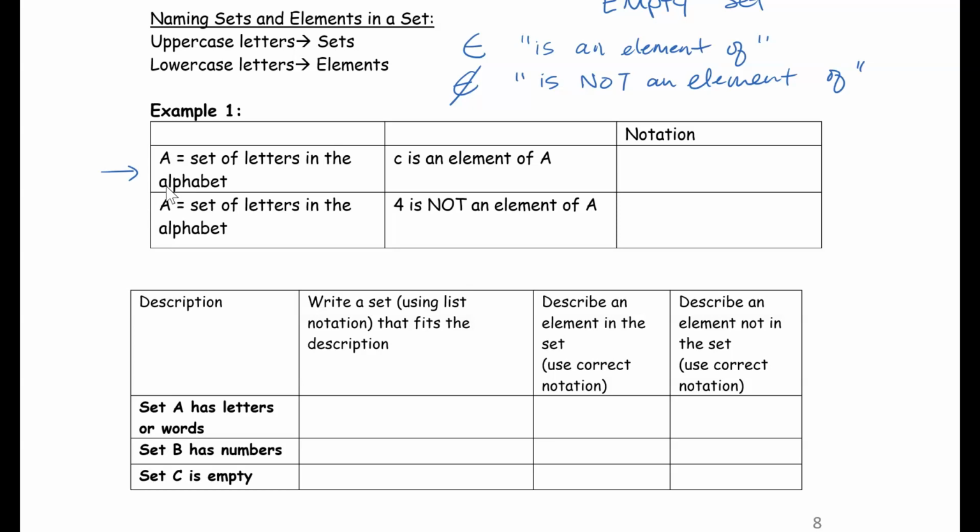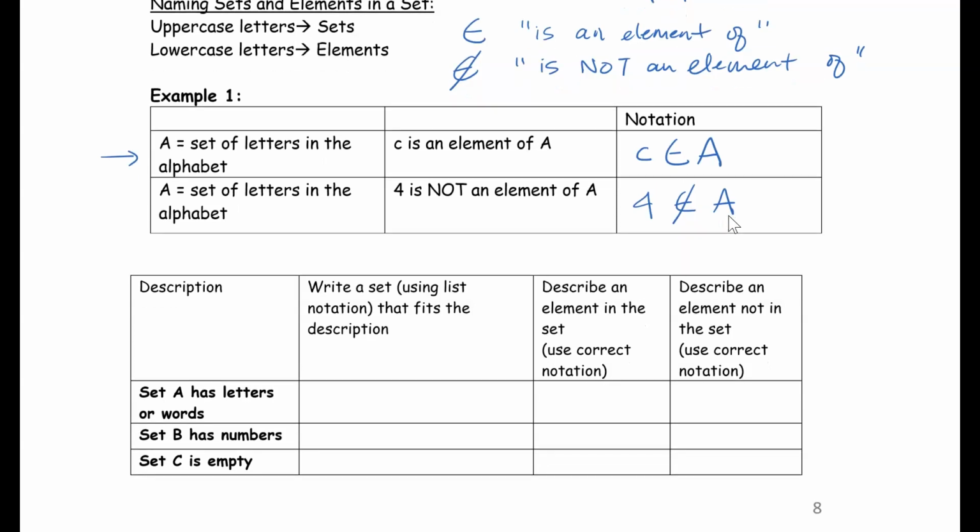An example, if we're trying to come up with an example using the word element, it could be C is an element of A. And the way we would write that is C, like the lowercase c, is an element of set A. So it basically means C is inside of the set of all the letters in the alphabet. Okay, if we wanted to write 4 is not an element of A, which it's not, since the number 4 is not part of the alphabet, then we would say 4 is not an element of A. So that's how we would use that terminology.